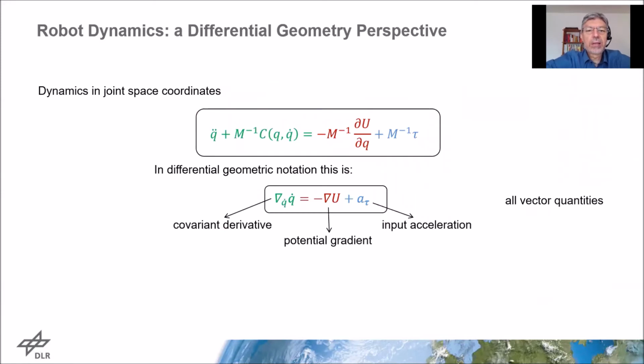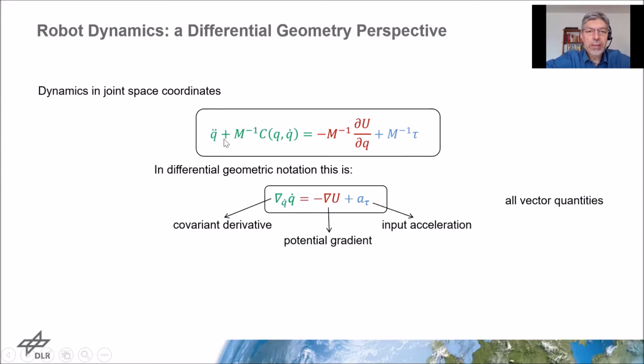First of all, let us start with our dynamic equation for robots, which we most often write in the notation above here, which I divided by the inertia tensor. So basically, we write this dynamic equation on the level of accelerations.